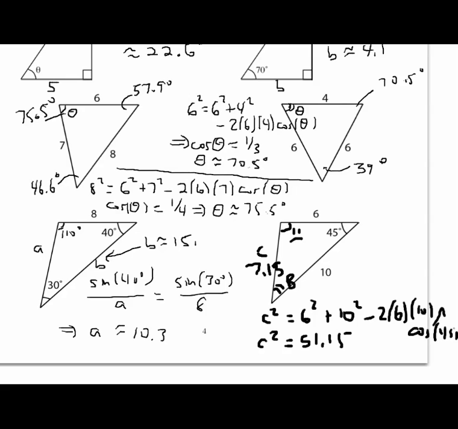If you did want to use the law of cosines, just do it like the two middle problems where we did that each time. So the law of sines says that the sine of B divided by 6 has to be the same thing as the sine of 45 degrees divided by 7.15.